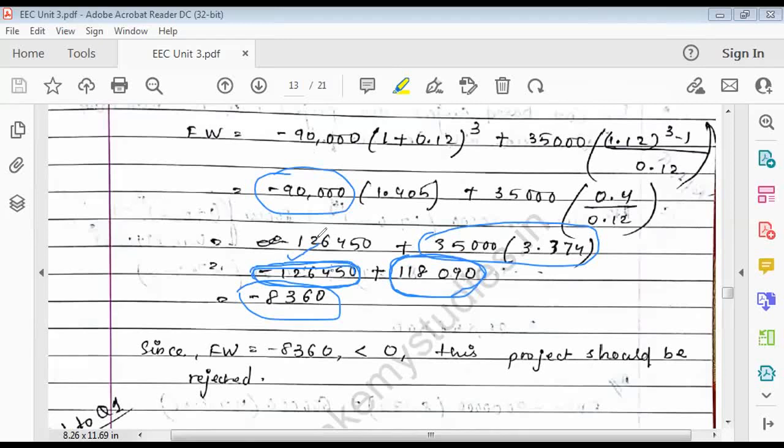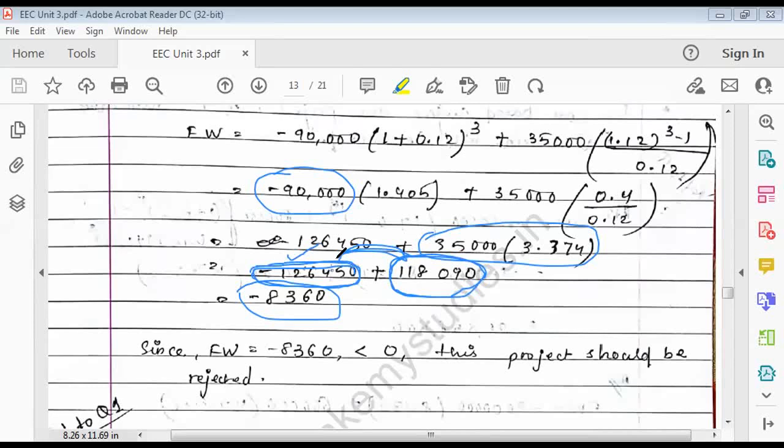So what you have done, you have managed to take both your return and your investments to their respective future worths. And on comparison, you find that the future worth of your investment is more than the future worth of your return, or the future worth of your return is less compared to the future worth of your investment.